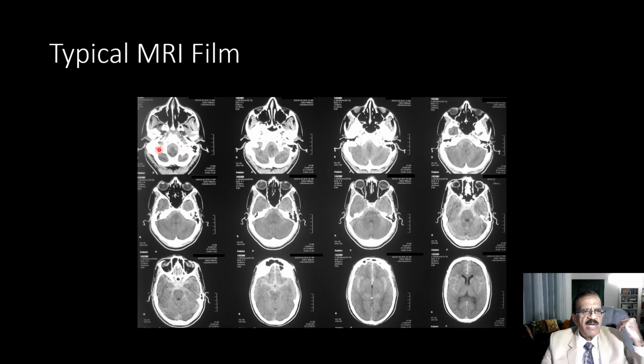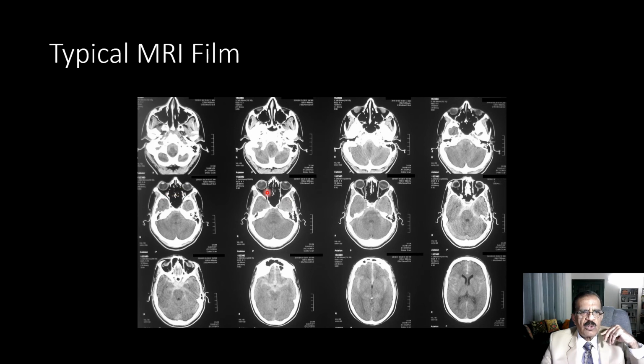Most of the white things are bone, and then you see some part of the temporal bone and the sinuses and nasal cavity. As you move up, you see more cerebellum, and then here you see the temporal lobes also. The cerebellum is better seen.